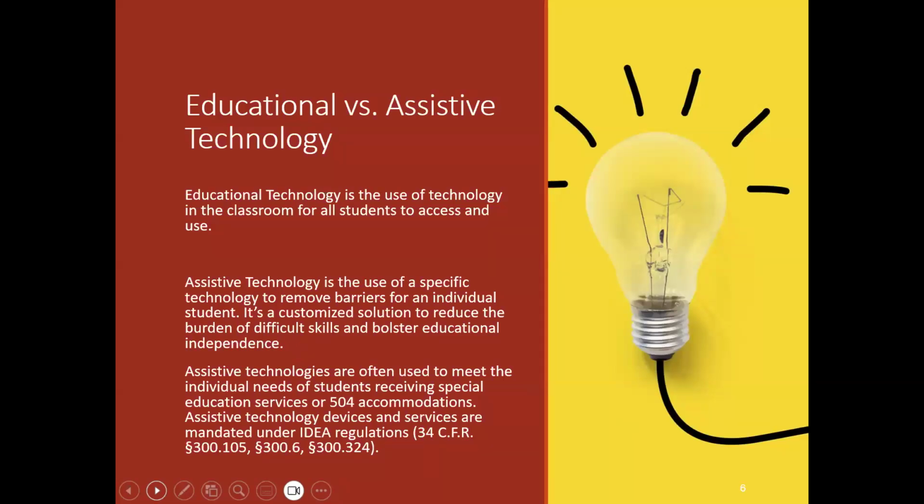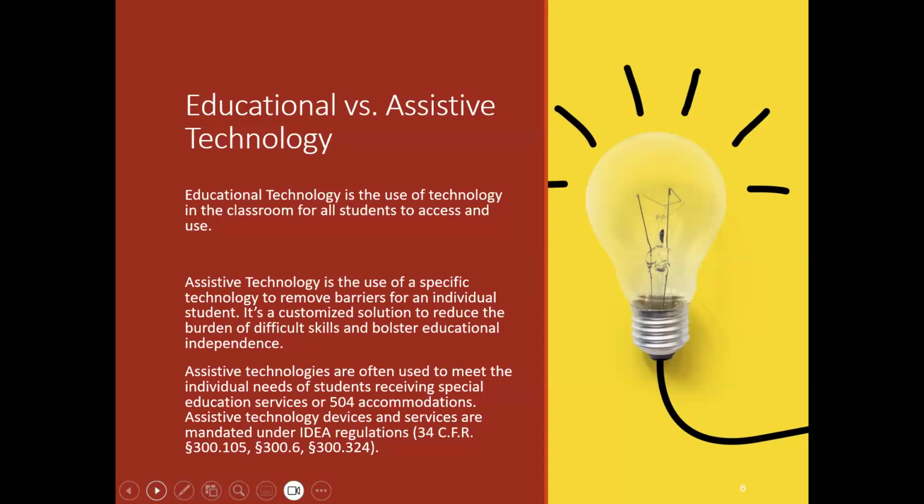What is educational technology versus assistive technology? Educational technology is tech that's used in the classroom for all students to access. Sometimes that technology includes features that make it usable for most of the students. That's sometimes referred to as universal design for learning.